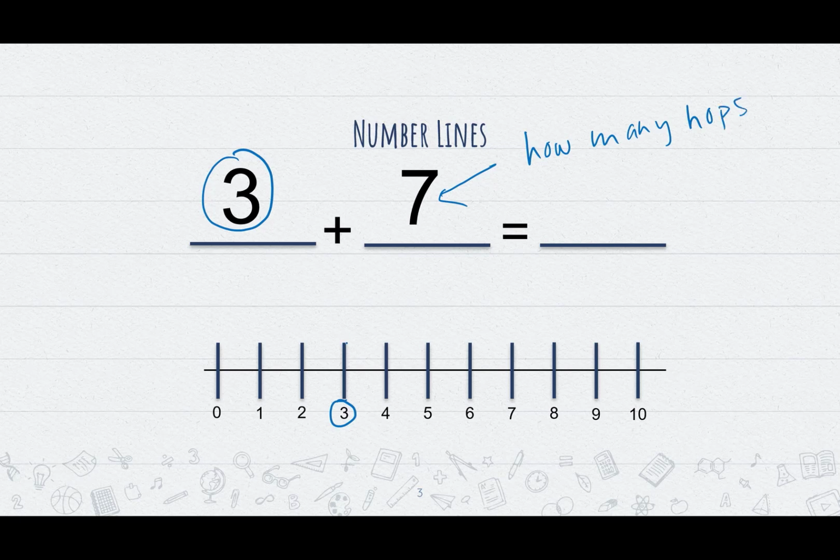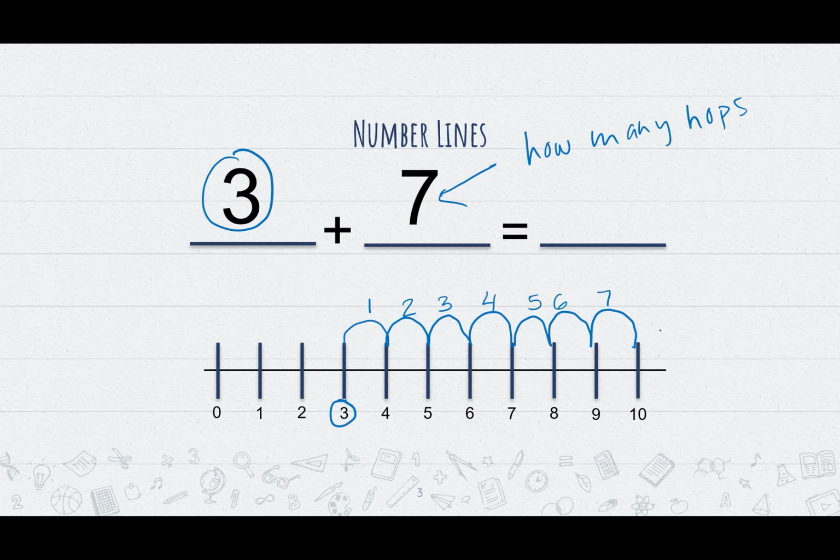And we make hops by going from the top of our stick to the next top. So 1, 2, 3, 4, 5, 6, 7. And then to make sure that you did the right number, you can count the hops that you did. 1, 2, 3, 4, 5, 6, 7.